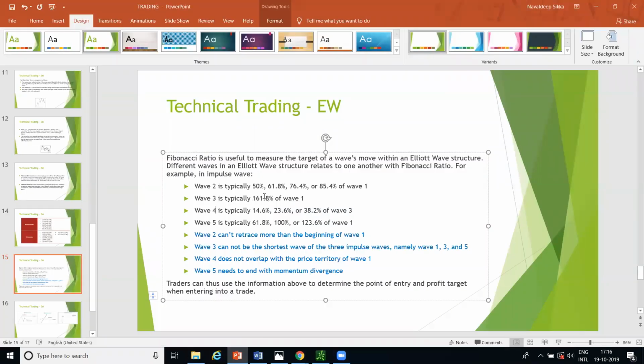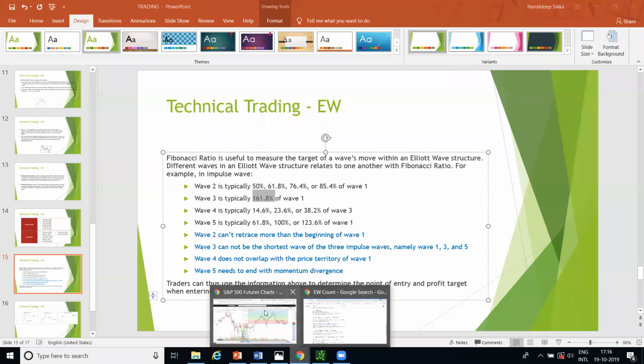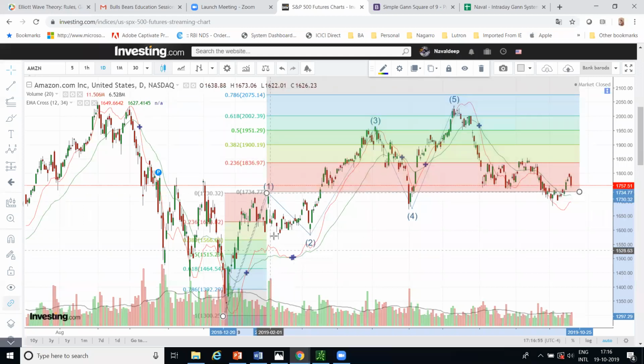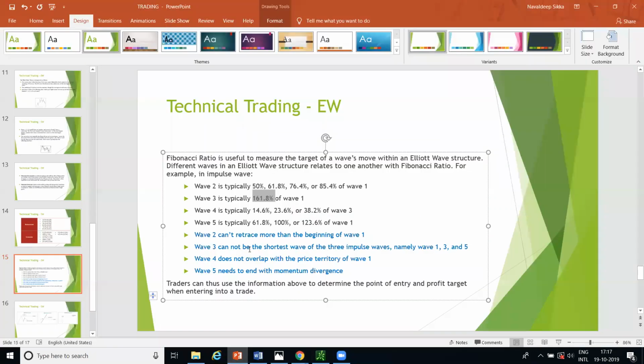Wave 3 is 161%. These numbers may not be 100% true, but yes, it will be near. Wave 4 is typically 14.6 or 23.6. You can see for yourself that yes, it's coming down, it's 23%, so it'd be 14%. And then wave 5 from here will be an extension up to 100% or 123.6 of wave 1.